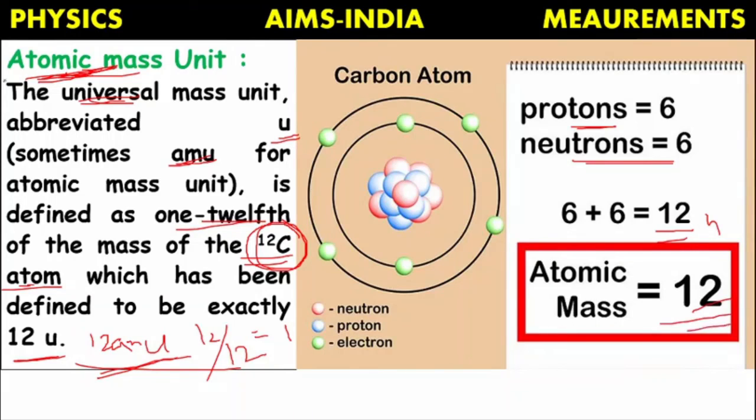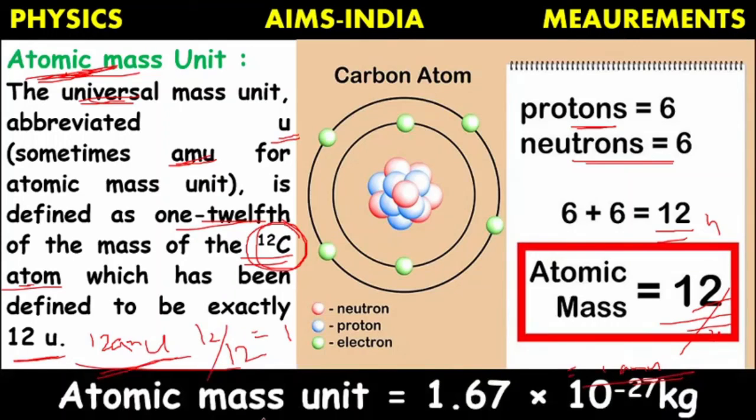Means for atomic mass unit, whatever atomic mass the carbon atom is having, we have to divide it by 12, then we will get 1 AMU. Basing on this, we can find out the atomic mass of all the other atoms and molecules. So the value of 1 atomic mass unit is 1.67 into 10 power minus 27 kilogram.